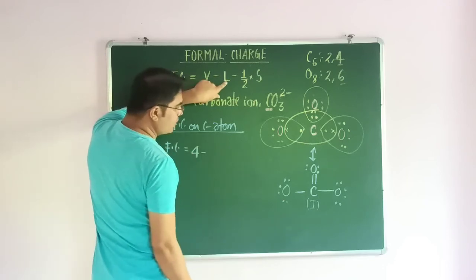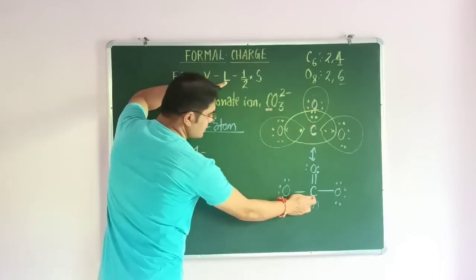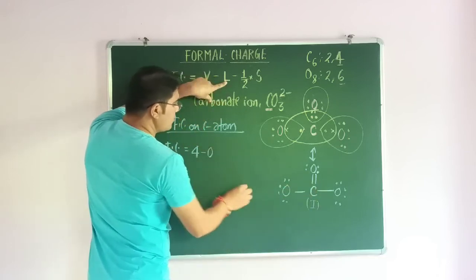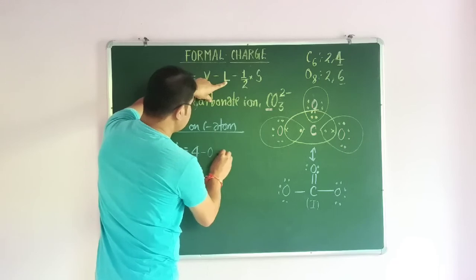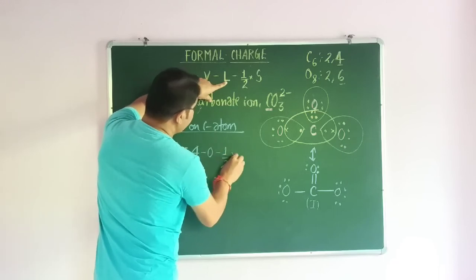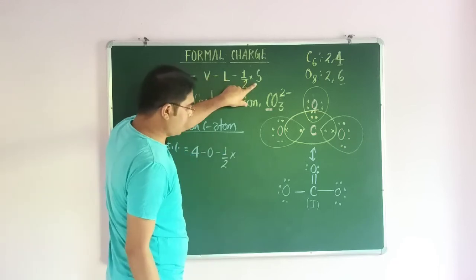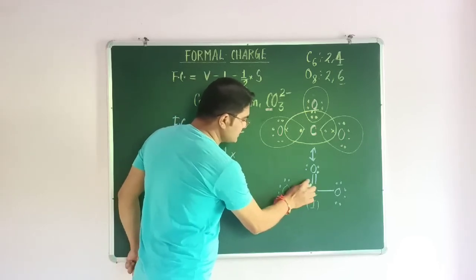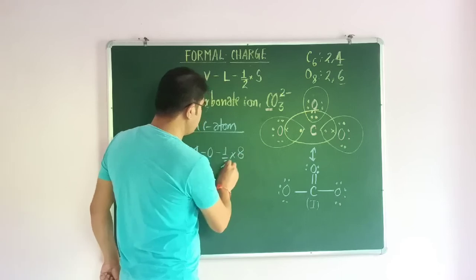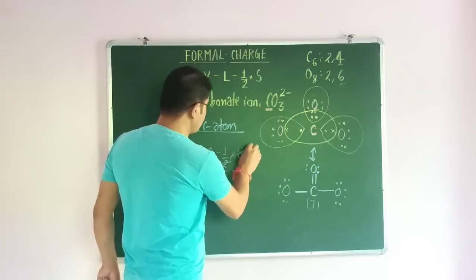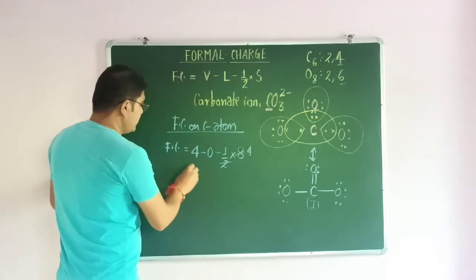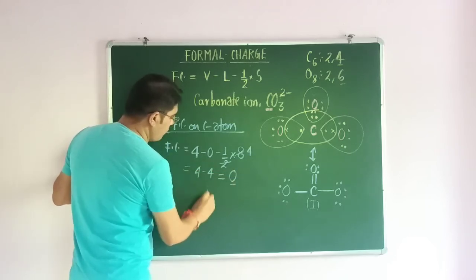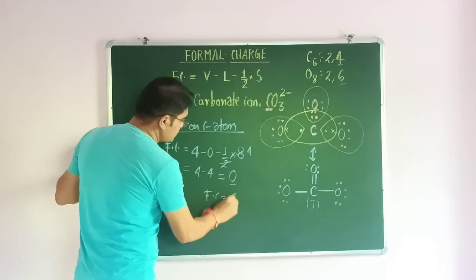Now the number of lone pair electrons, because it is the central atom, it is 0, because all are bonds, minus 1 by 2 multiplied with the shared electrons. One single bond shares 2 electrons, so 2, 4, 6, 8. So already it is 8. So when we cancel out, it is 2, 4, the 8. So 4 minus 4, that is equals to 0. So the formal charge on carbon atom equals 0.